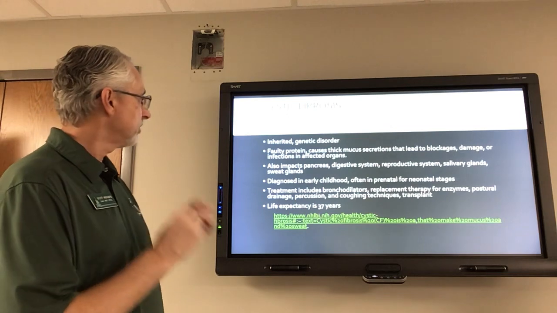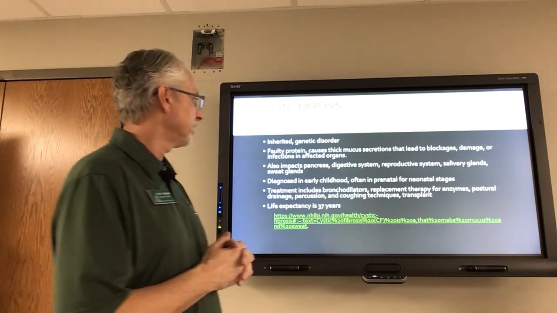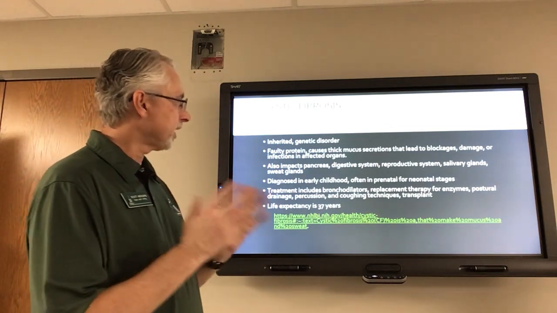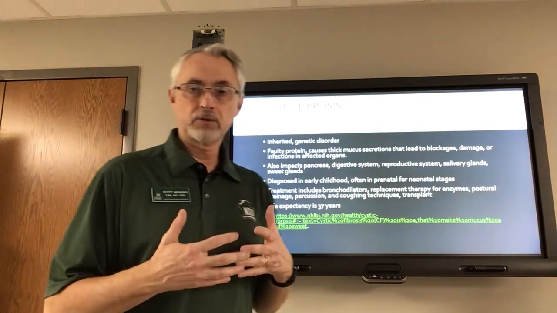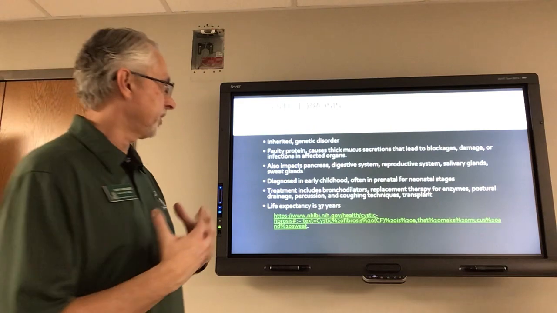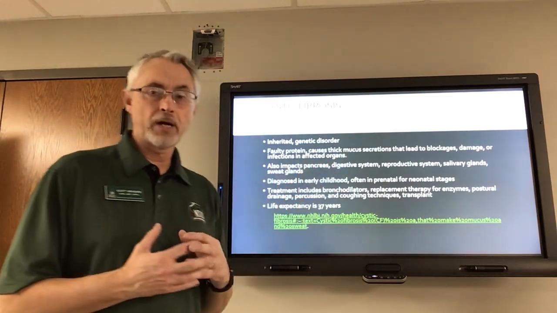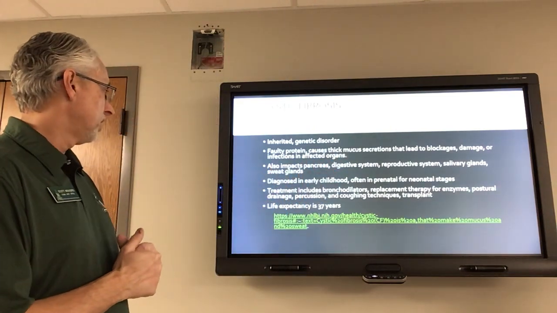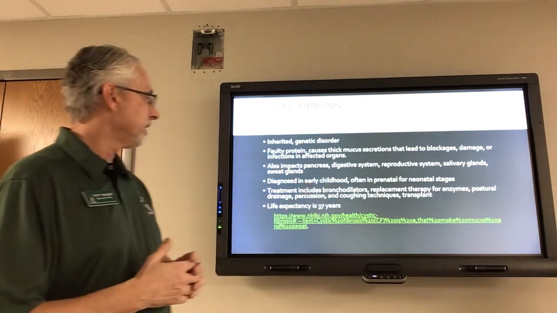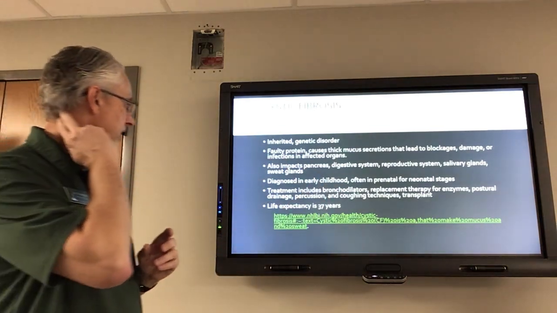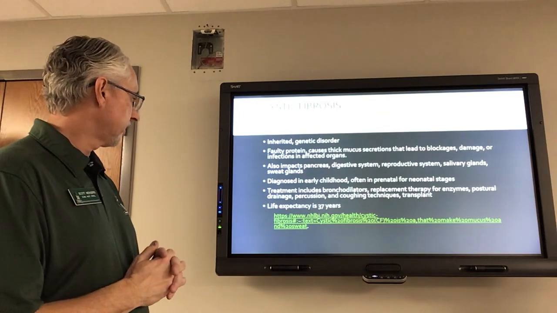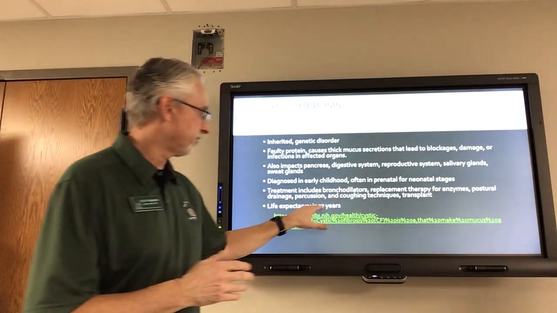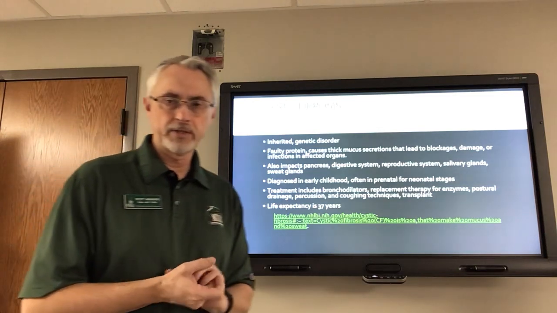And there's a faulty protein which causes thick mucus secretions that lead to blockages, damage, or infections in those affected organs. So the lungs are a big part of it, but it can affect other parts of the body as well. So treatment includes bronchodilators, replacement therapy for enzymes, postural drainage, percussion, coughing techniques. And the life expectancy, unfortunately, is only 37 years.